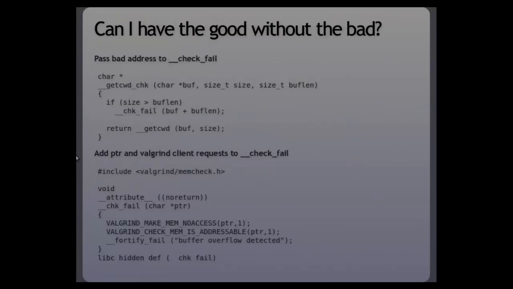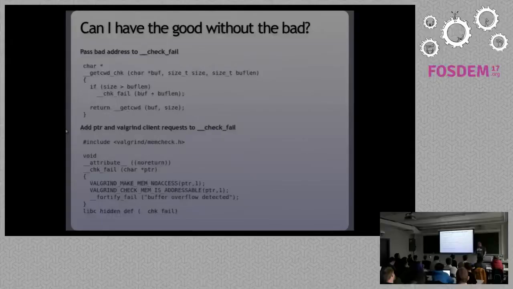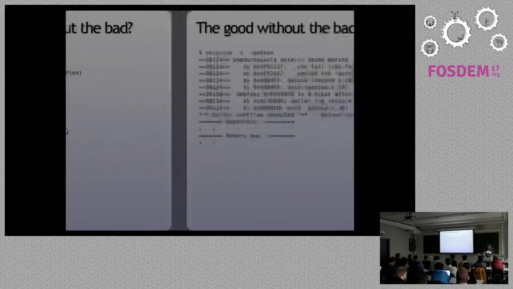First, we make the memory non-accessible, or tell valgrind we don't think that memory should be accessible, even if memcheck thinks it is. And then we ask it, is that memory accessible? Well, no. And then we fail like normal.